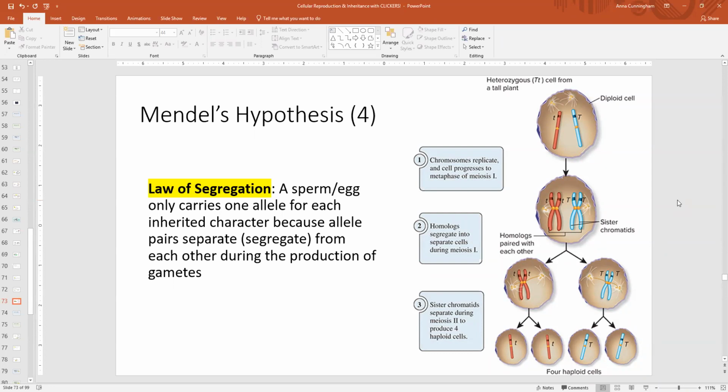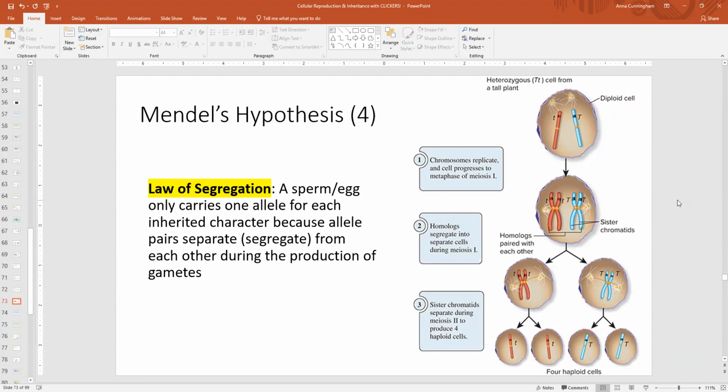So this is why siblings don't look exactly alike, why siblings have different genotypes, etc. Excellent way. Thank you, Noelle, for putting that into words that I was struggling with. All right. Do we feel okay with that? The law of segregation says that sperm and eggs basically have different genotypes. That is an excellent way to say that.